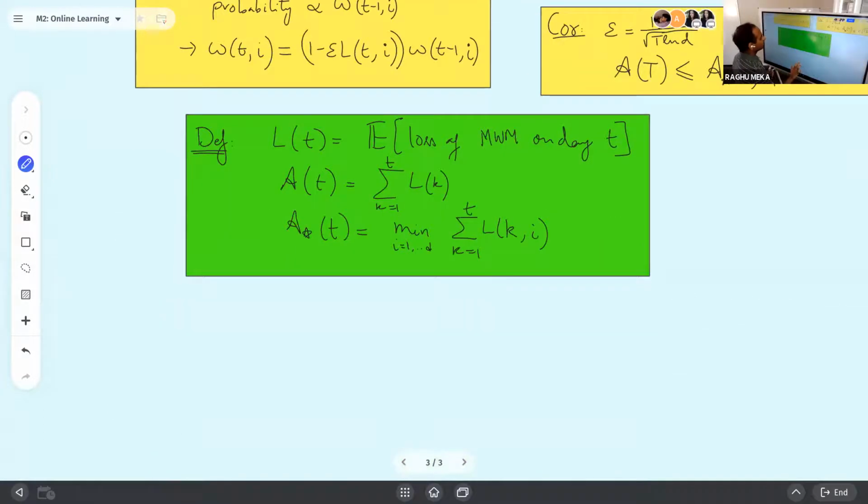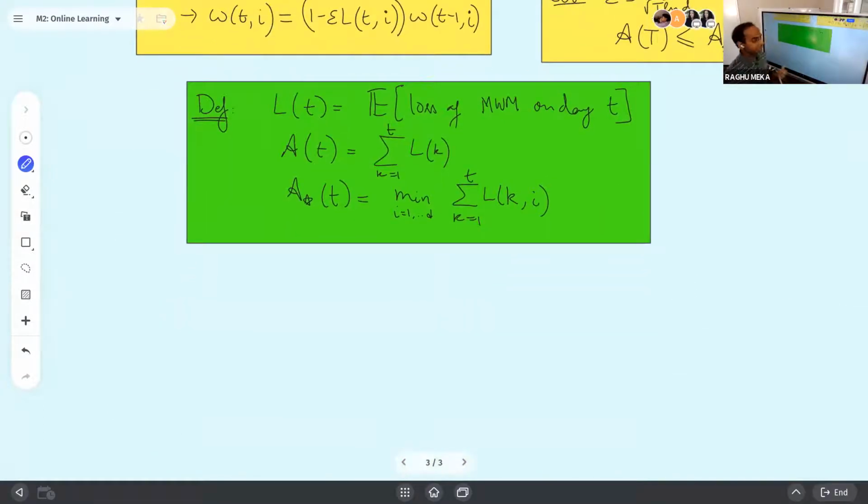And some notation. Our algorithm is randomized. Each day we make a probabilistic prediction: we follow expert 1 with some probability, expert 2 with some probability, and so on. As a result, our loss is also randomized, and what we're interested in is the expected loss we incur over time.